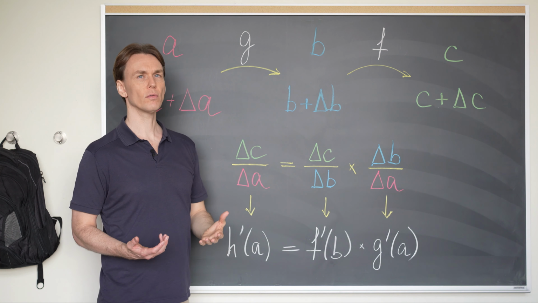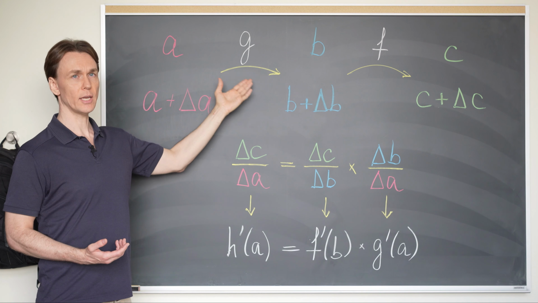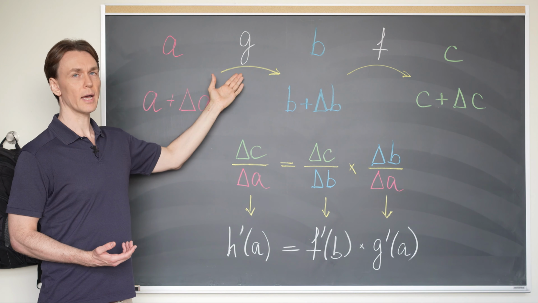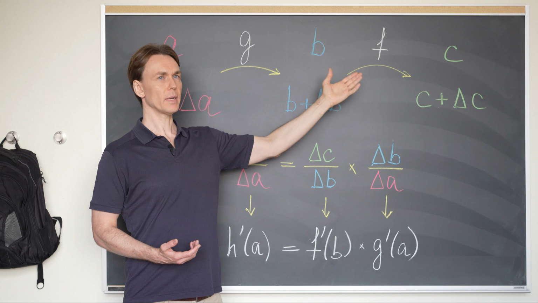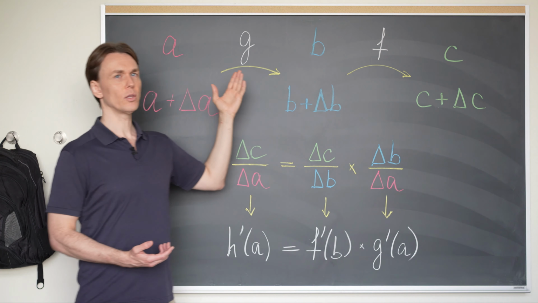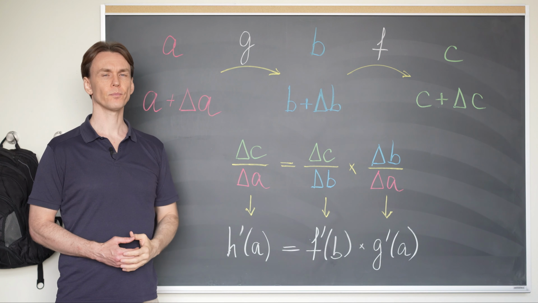So the composition of two functions is exactly when you plug some number inside g, and then you plug the result inside f. The composition of these two functions, when you evaluate it at this point a, will give you c.